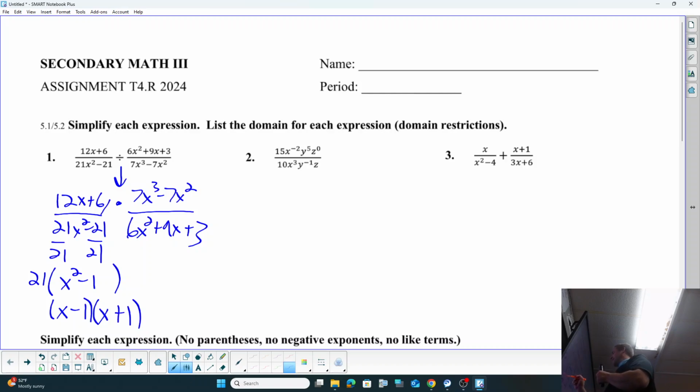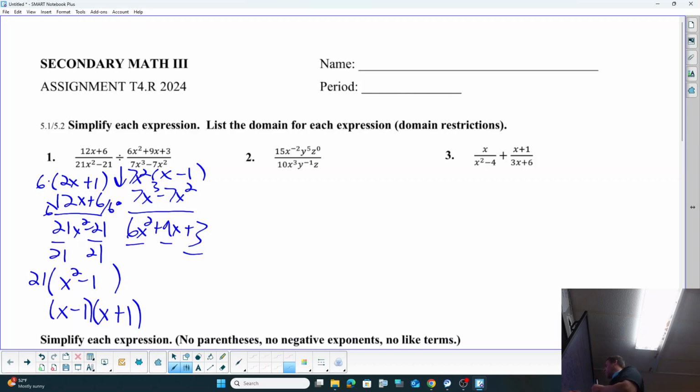If you pull a 6 out of this one, you get a 2x plus 1. Pull out a 7x squared, and you're left with just an x minus 1. Beautiful.